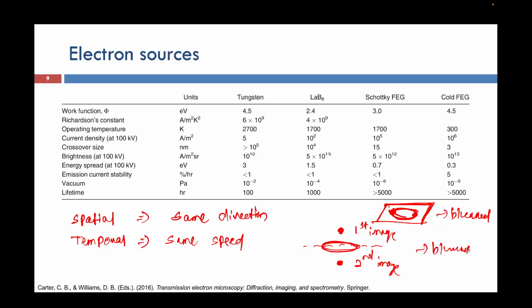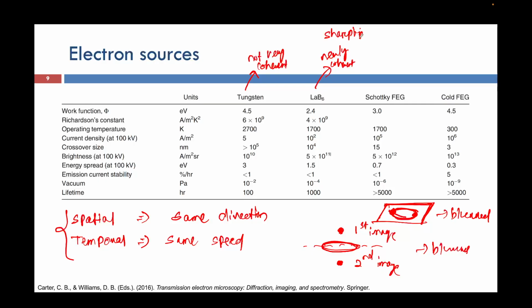So this tungsten tip which we are talking about is not very coherent. If we consider the spatial and temporal coherence, this tungsten tip is not very coherent, and this LaB6 is nearly coherent. Okay, nearly coherent, and it also has a very sharp tip.